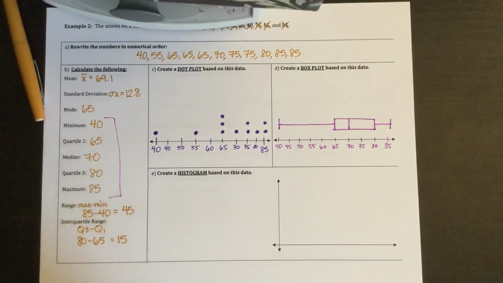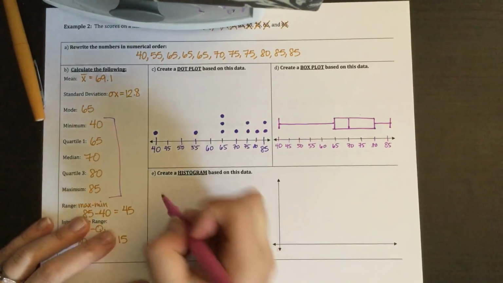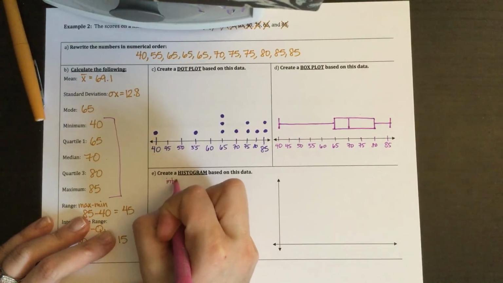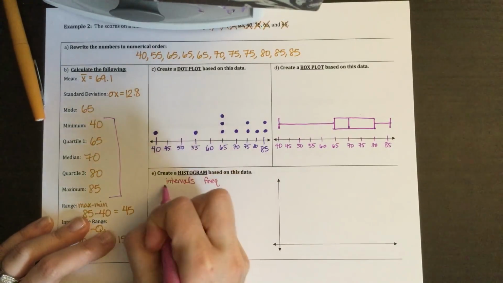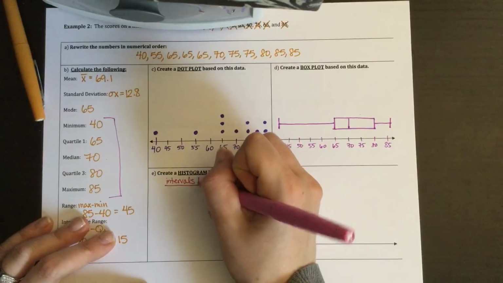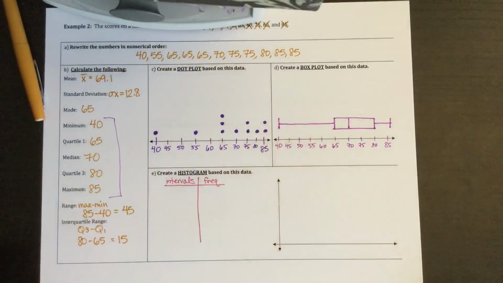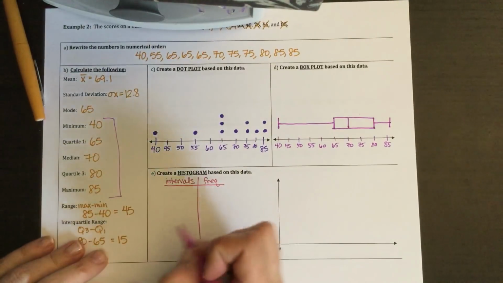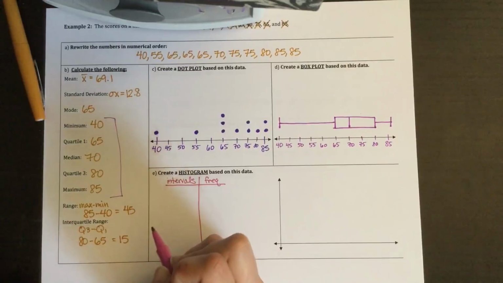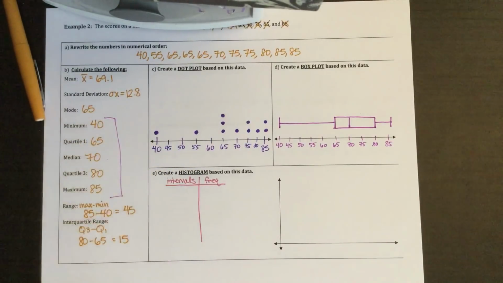All right, up next is our histogram. So we're going to need our intervals, and we're going to need the frequency of those intervals. I'm going from 40 to 85, going up by 20s. Basically, I'm going from 40 to maybe about 100.